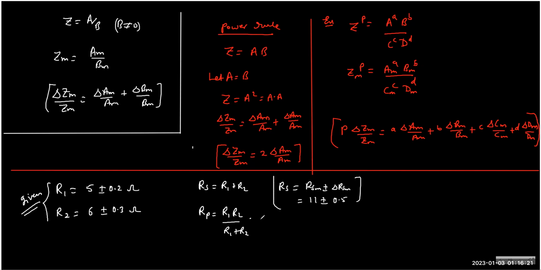Okay. So the mean value will be how much? RP mean will be 5 into 6 by 5 plus 6, right? So it is 30 by 11. Yes. 30 by 11 is how much? 2.7. Two significant figures. 2.7.